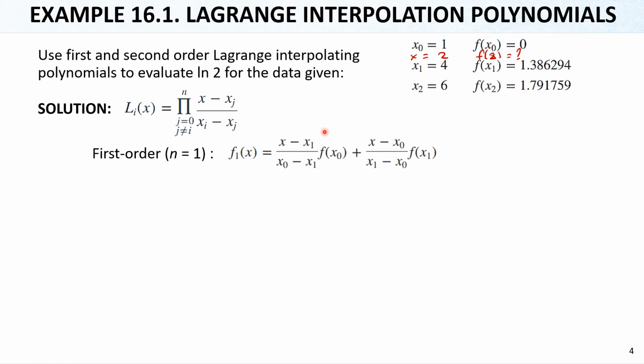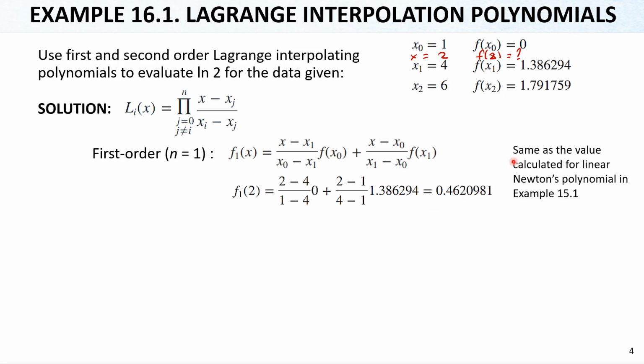And let's start with first order. So x is 2, x1 is 4 and x0 is 1. If we write them all, as you can see here, and fx0 is 0 and fx1 is this value here, the result is this value for f2. So we simply found the f2 value as 0.46, and it's in between these, so that makes sense.